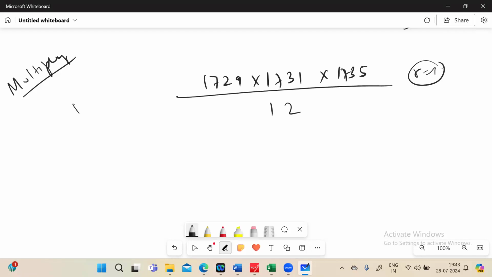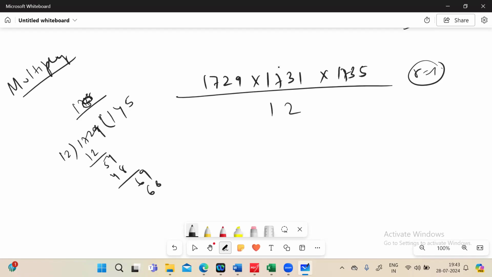So now let's divide any number by 12. 1729, if we divide that, I'm getting 9 here. Is 1720 divisible by 12?